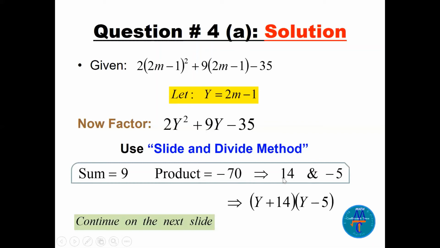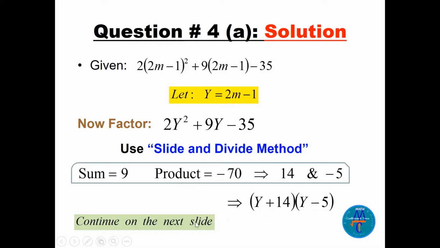Well, these numbers are 14 and minus 5, because when you add 14 minus 5, the answer is 9. If you multiply 14 and minus 5, positive and negative, it will be minus 70. So y, this is the y here, y plus 14 times y minus 5.